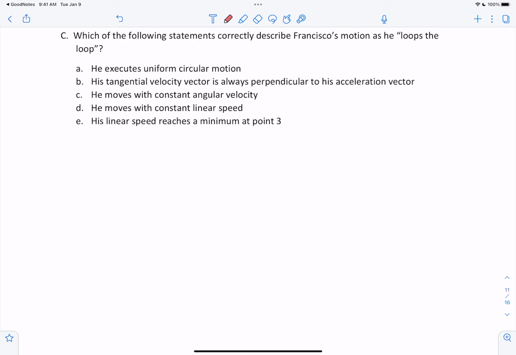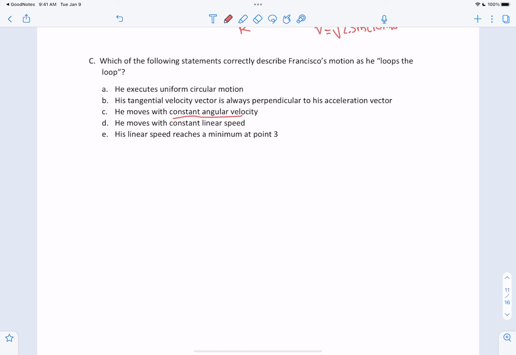I don't know if they really went over angular velocity in your lecture, but this is kind of extraneous. We're not going to be really concerned with this just yet. But we can also eliminate the fact that he moves with constant linear speed, right? Because he's not going to be pedaling all the way up or all the way down, so he's not maintaining a specific constant speed.